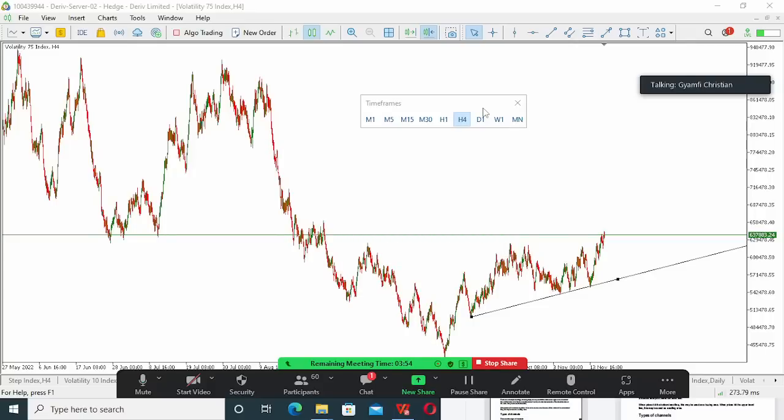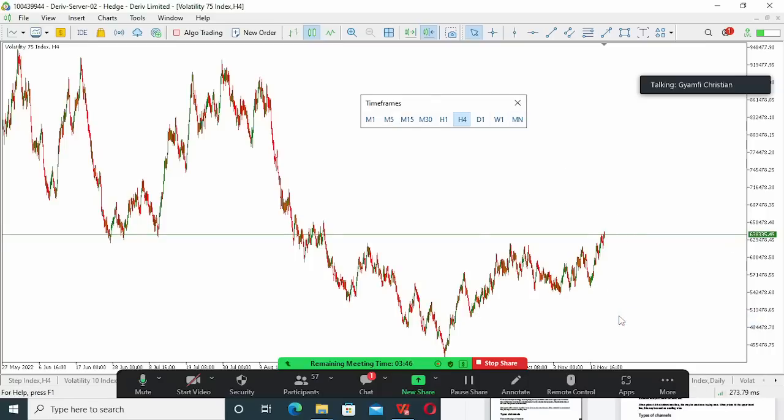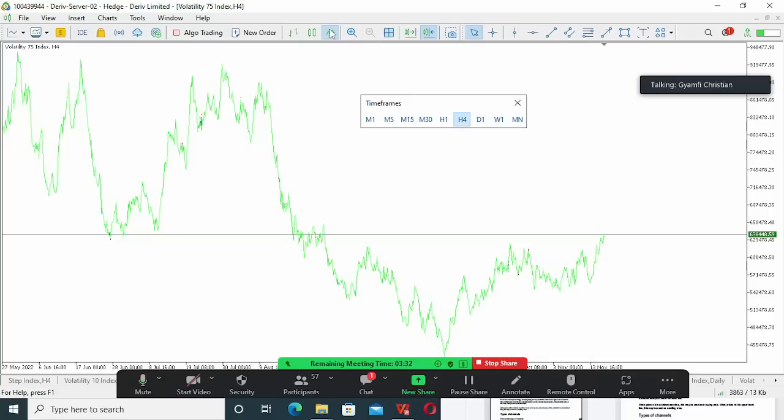Okay, so now let me tell you guys how I mark my trend lines whenever I'm analyzing the market. Mostly I squeeze the market. You see, we have zoom out and zoom in. Whenever I want to draw a trend line, I use the line chart.